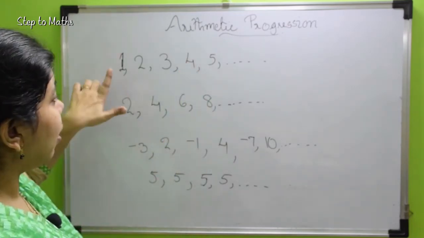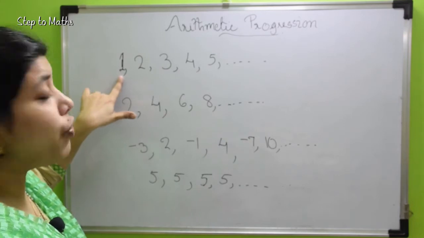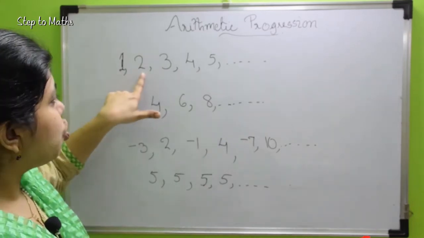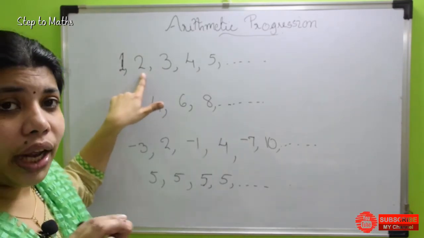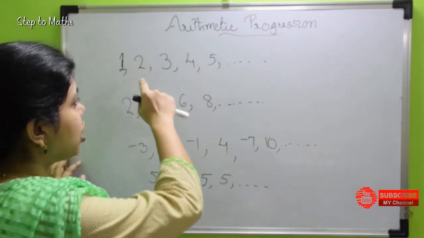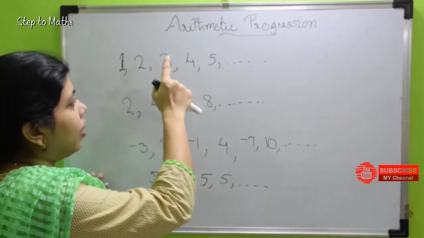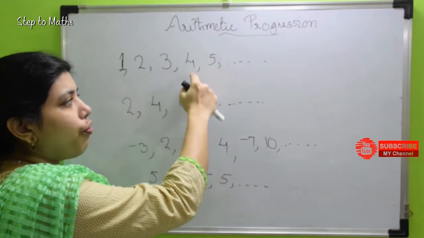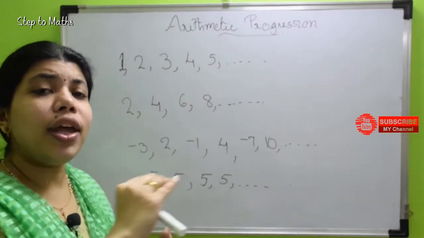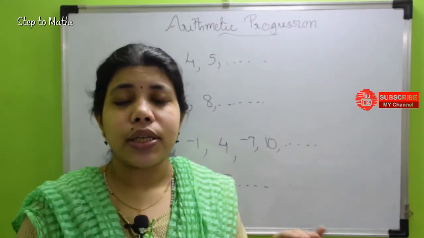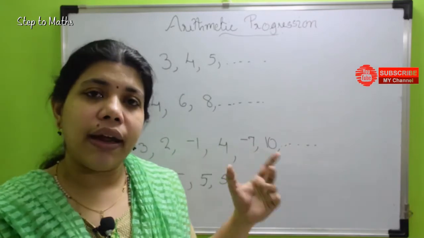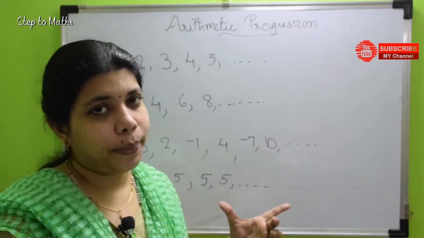The first number has the first position. 2 is the second number in this sequence, so its position is 2. Similarly, 3, 4, 5 have a fixed or specific position in the sequence.